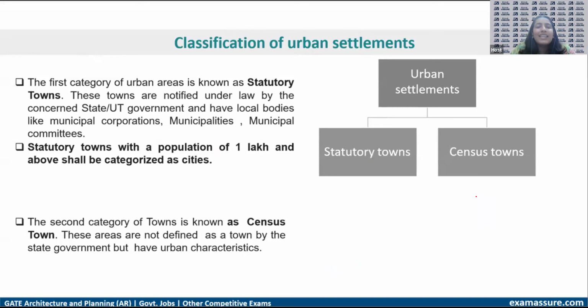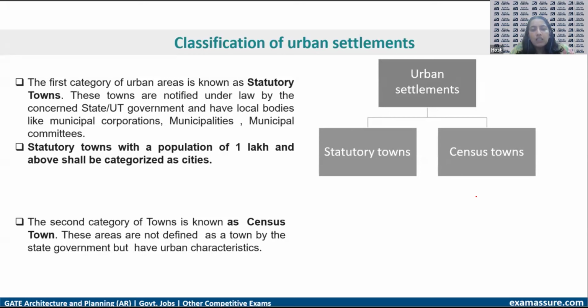So statutory towns are towns which are notified under a law, where you usually find municipal corporations, municipalities, and municipal committees that are formed under their respective municipal acts. And statutory towns with a population of more than 1 lakh are usually categorized as cities.